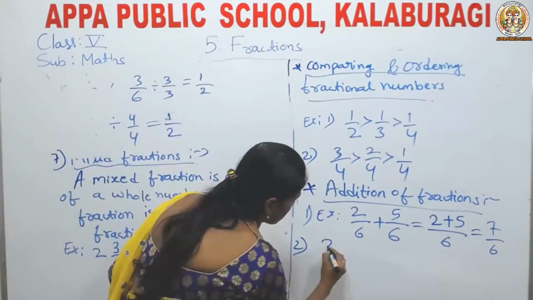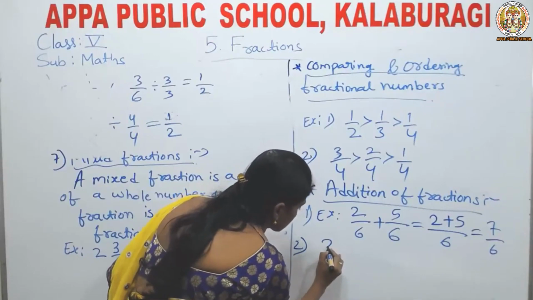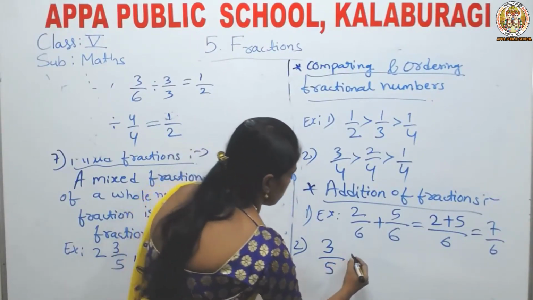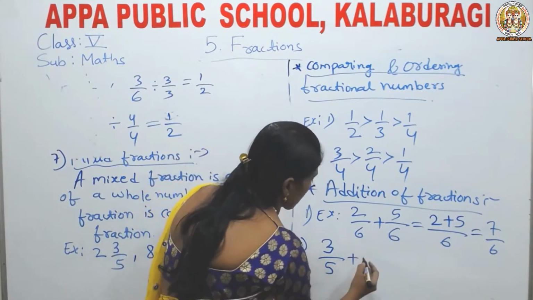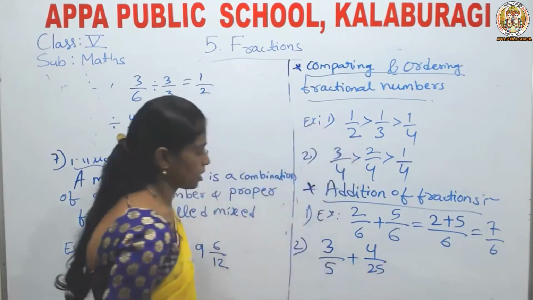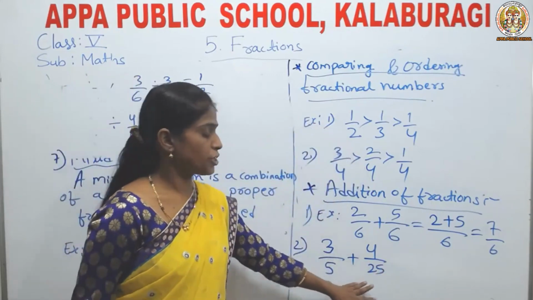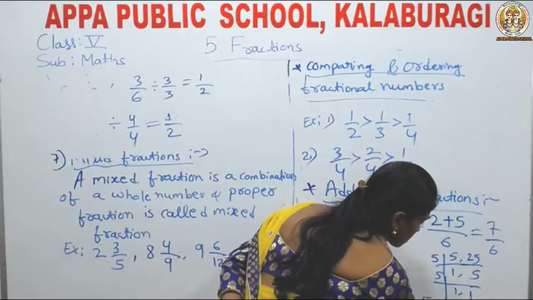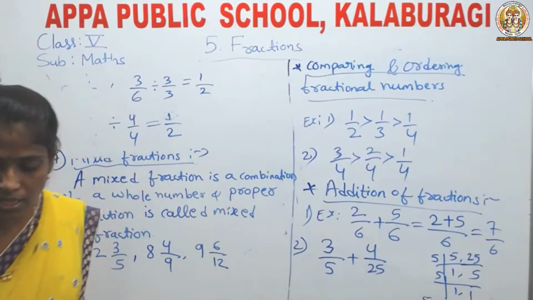Next, second one, denominators are different. That is 3 by 5 plus 4 by 25. Okay, here are different denominators.